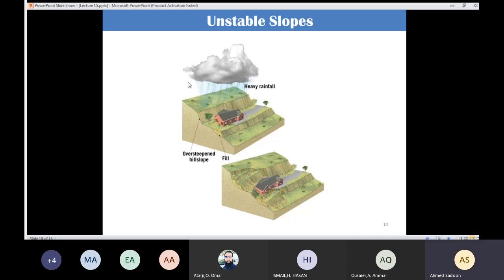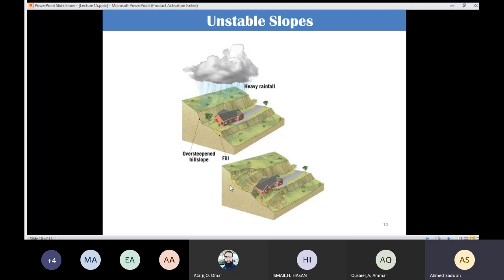And we know the role of the water here. If the saturation percentage is going to increase, it means that a part of the cohesion is going to be lost. And if that angle here is overstepped, then a mass movement will take place, like you can see in the other figure here.